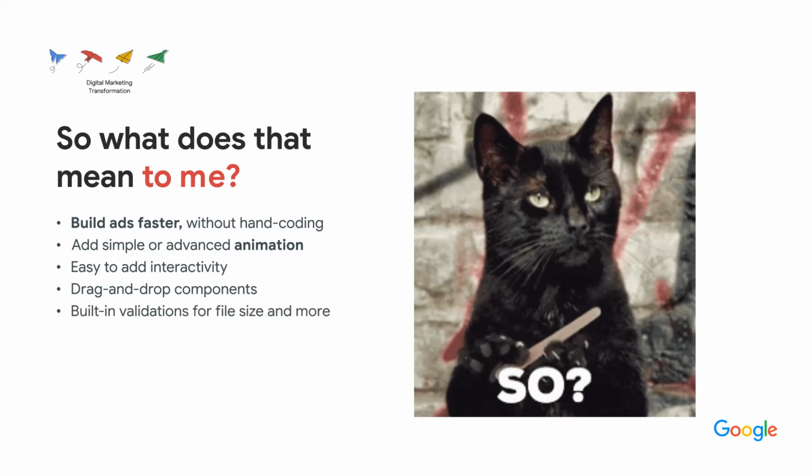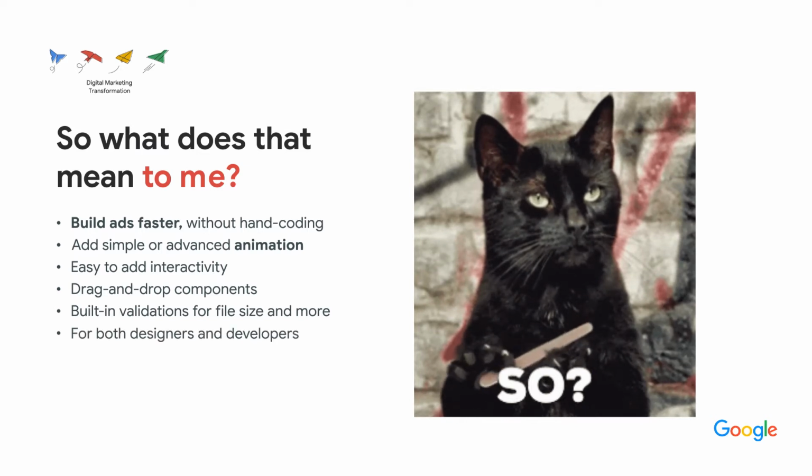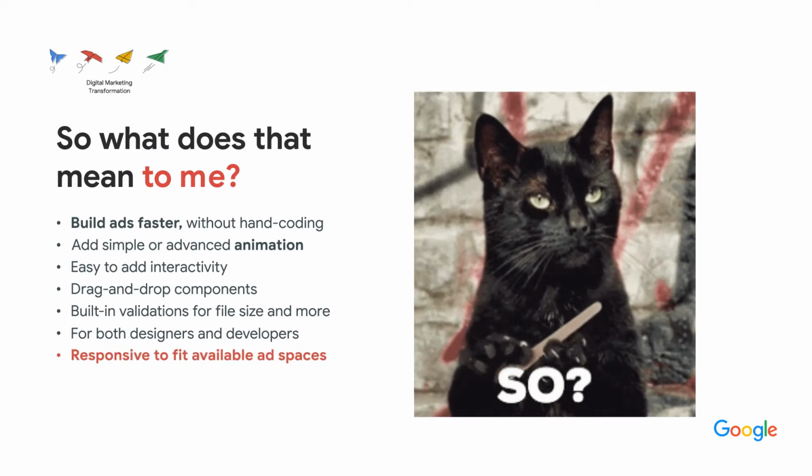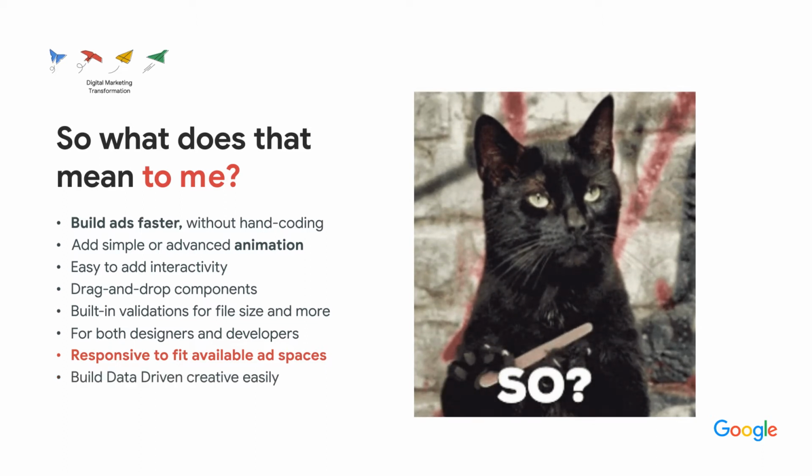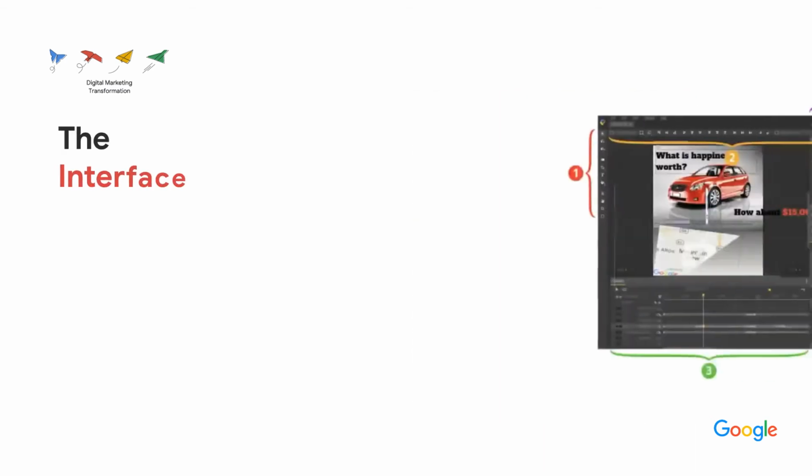The product features a validations panel, which tells you the health of your asset as you're building it, so that by the time you're done, you know it's ready to go live on DV360 or whatever platform you're using. It's for both designers and developers, so you can use code or you can use design, but you can still come out with the same outcomes. You can build responsive assets for many spaces, and you can build data-driven creative.